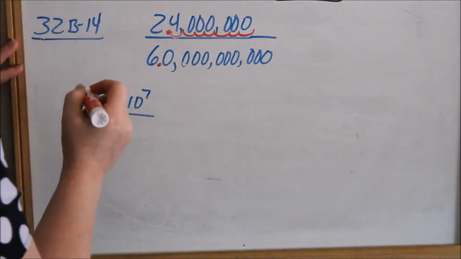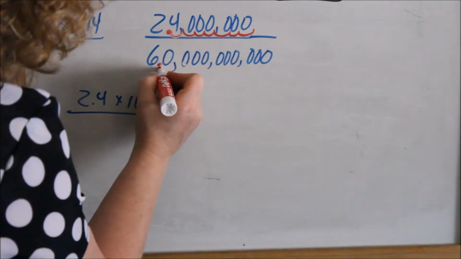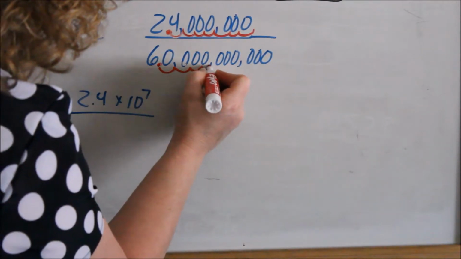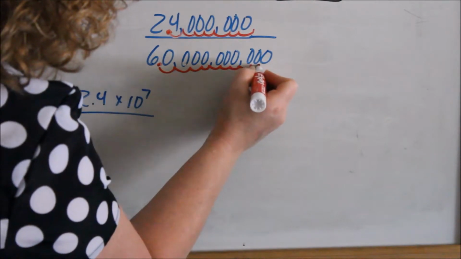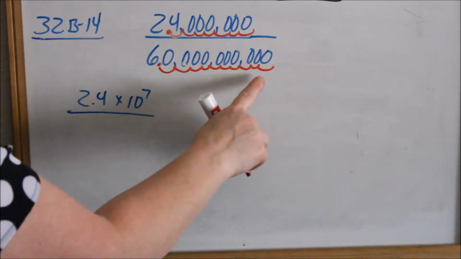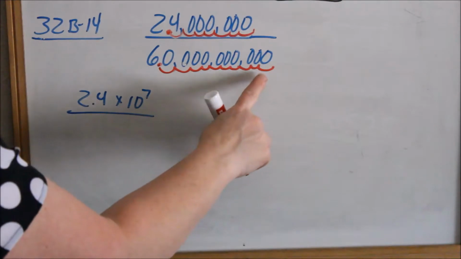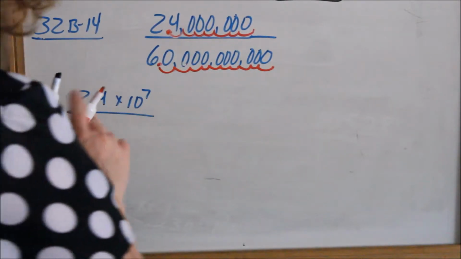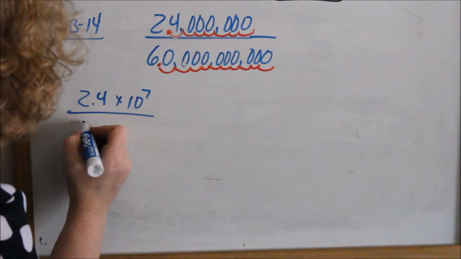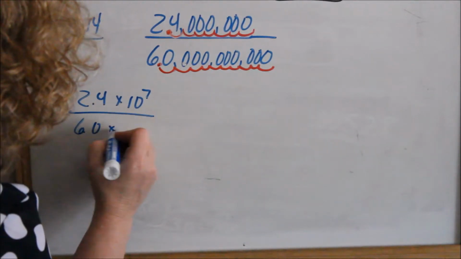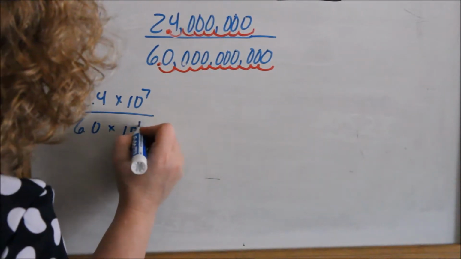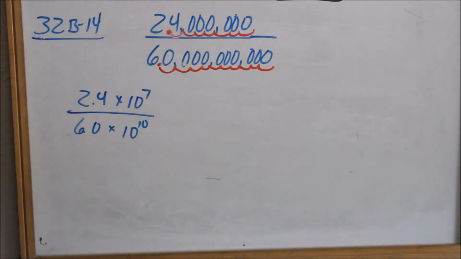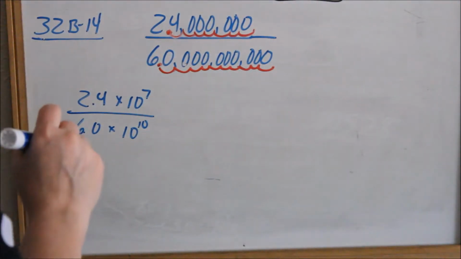Put your decimal after the first significant digit, then count over 1, 2, 3, 4, 5, 6, 7, 8, 9, 10. Which is correct, because that'd be 3 zeros, 3 zeros, 3 zeros, 3, 6, 9, plus one more zero, which is 10. So that would be 6.0 times 10 to the 10th.